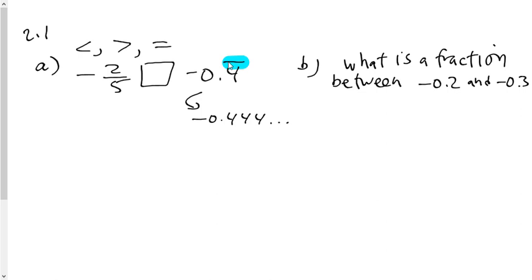So our two options are we can change them both to fractions or we can change them both into decimals. And we all agreed when we did section 2.1 that if we're going to compare them, the easiest way is changing both of them into decimals. Since I've already converted the first one, I'm just going to change negative 2/5 to a decimal. You can do it one of two ways.